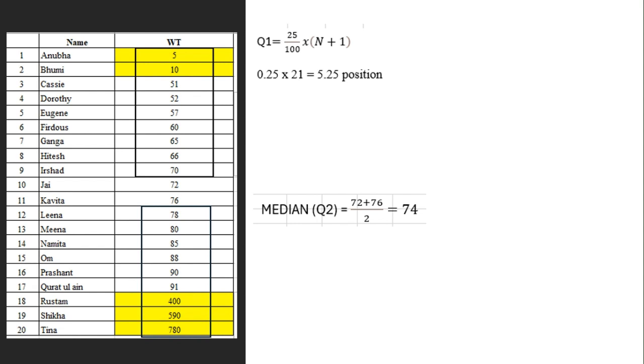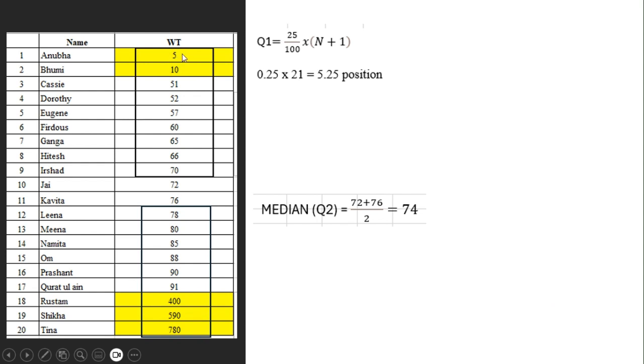And then I need to calculate my 25th percentile. How to calculate that? You can see 25 by 100, which symbolizes the 25th quartile of my total data set, multiplied by n plus 1. The total number of observations is 20 plus 1, which gives me the figure of 5.25. This Q1 symbolizes the position. 5.25 means 5 and some decimal.